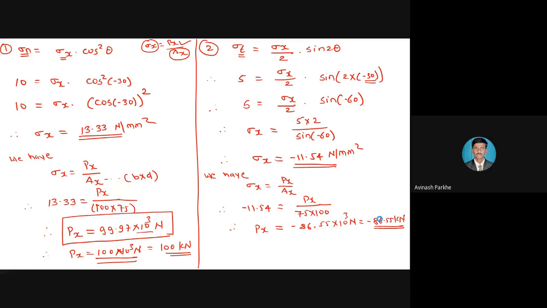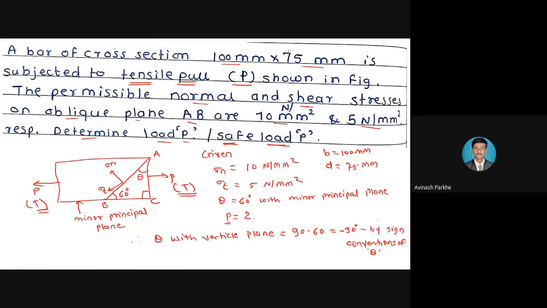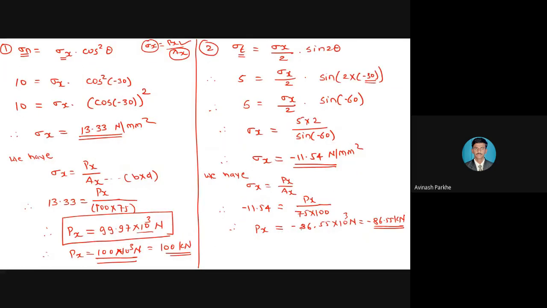But in the actual statement, whatever the load is applied, this load is tensile. But here, whatever the px you get is negative. Neglect that negative sign, and finally you have to write down the px answer as 86.55 kilonewton by neglecting the negative sign.